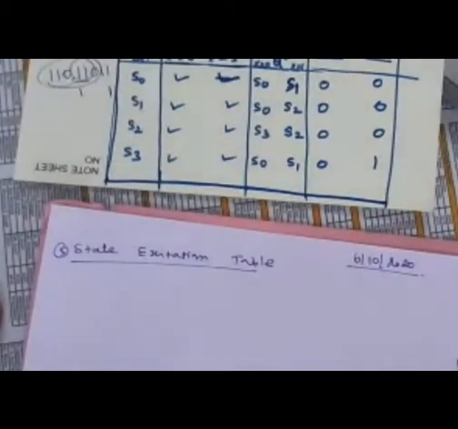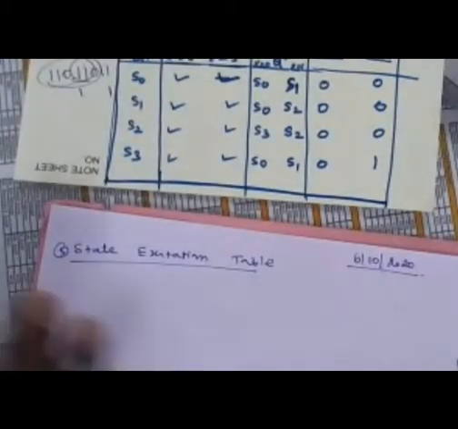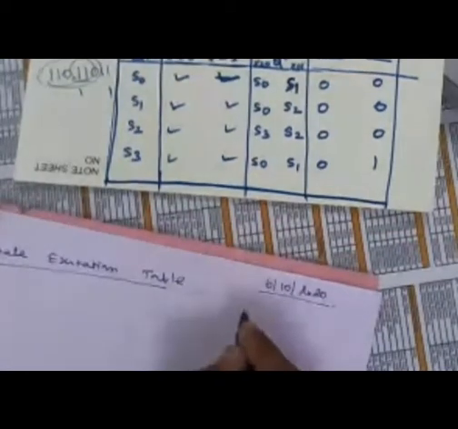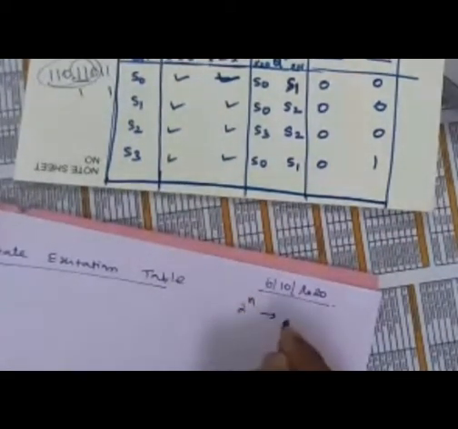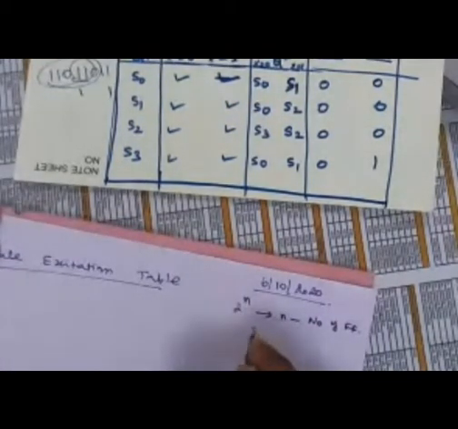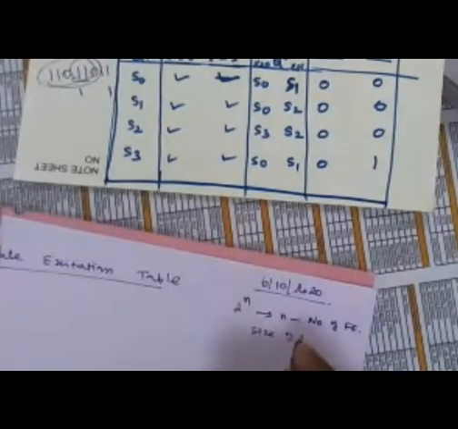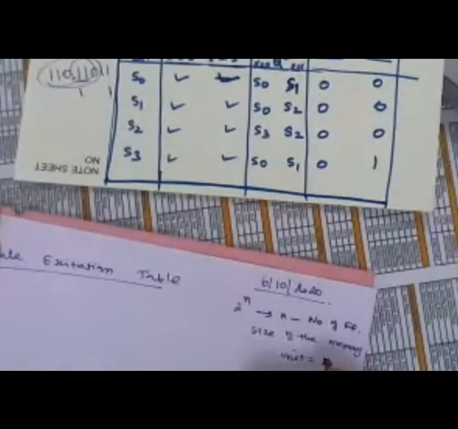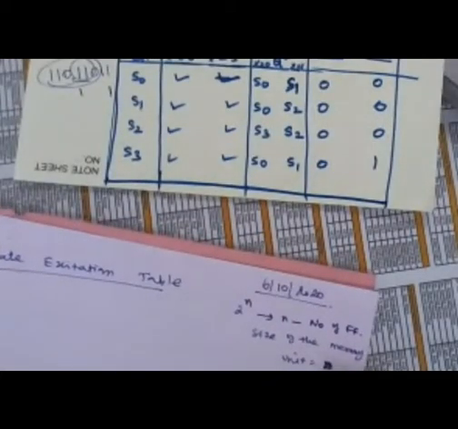Whenever we need more than 1 state, then we need to calculate the number of flip-flops accordingly. In general, if n flip-flops are available, it is possible to store 2 power n states.